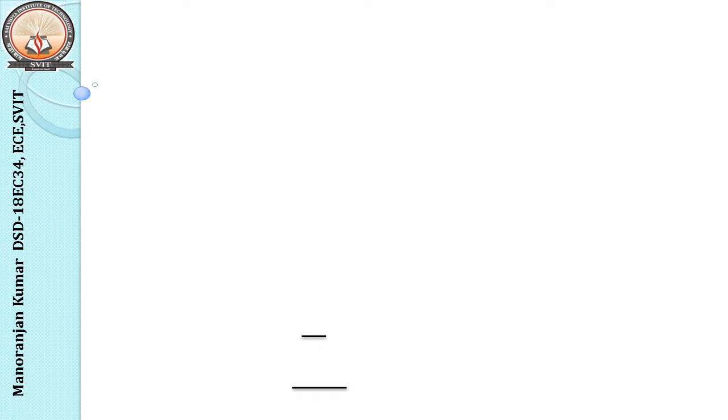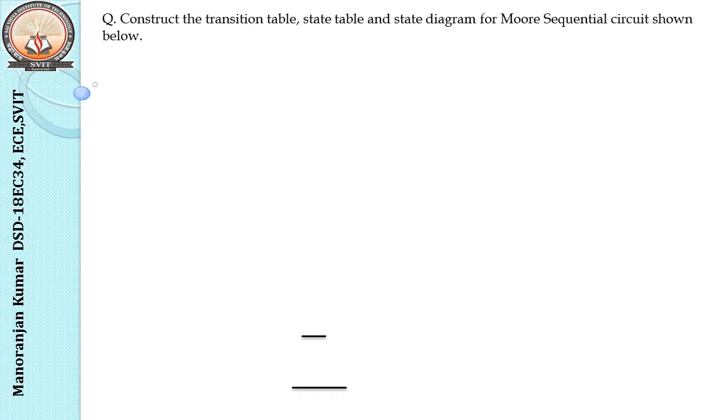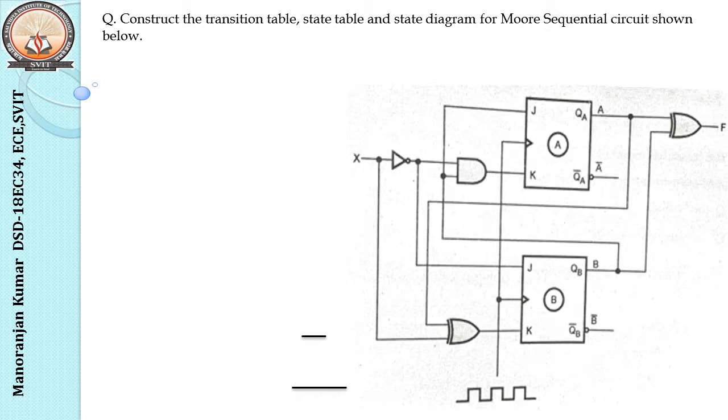We will try to analyze how we are going to construct the transition table, state table, and state diagram of a given Moore sequential circuit. We have taken one particular circuit. From this, what I have to analyze is, first you have to go through the model and see how many flip-flops are there, what is the output expression, what is the input, and how many present states are there.